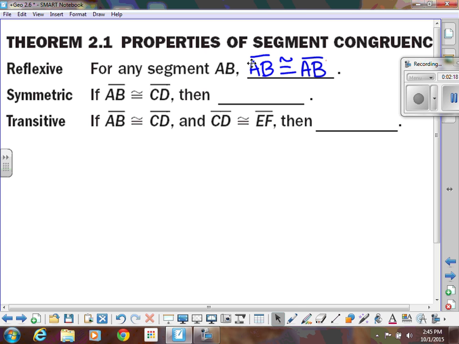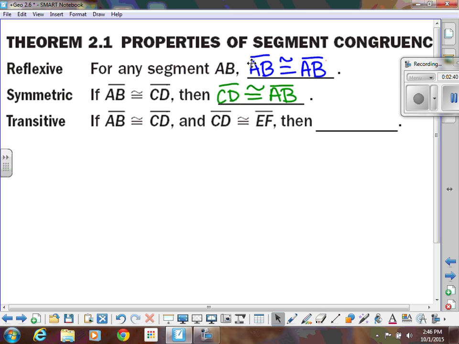And then the symmetric property also works for congruence. If I have AB as congruent to CD, then I know CD is congruent to AB. Notice the difference here is that I'm using congruent symbols, and I'm using the line above the segment to show that it's the shape itself.